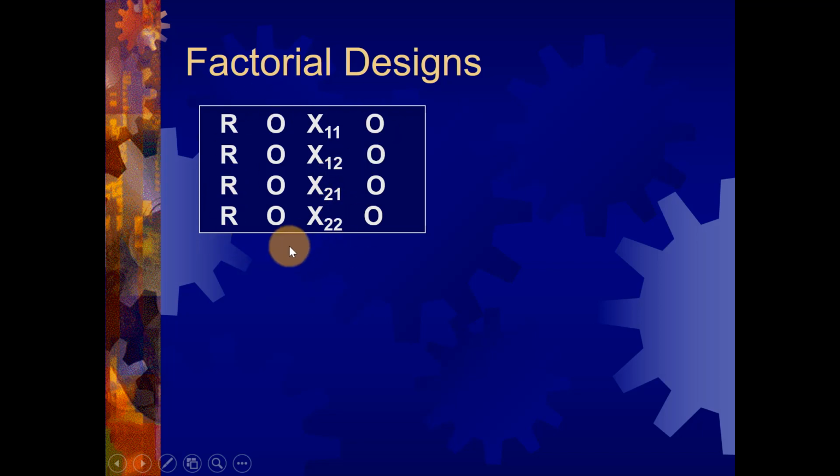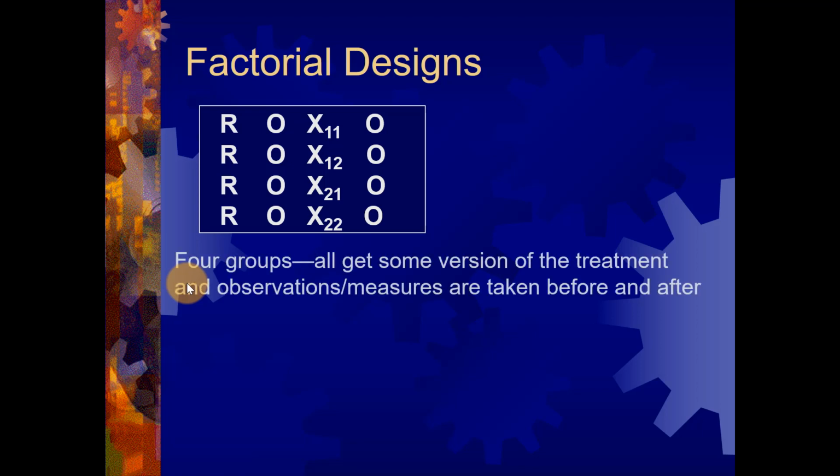So again, we have 4 groups, and these are different combinations of those 2 variables that we were interested in, type of therapy and time in therapy. So we have 4 groups. All of them are getting some version of the treatment, and observations are taken before and after. The BDI is administered before or after.